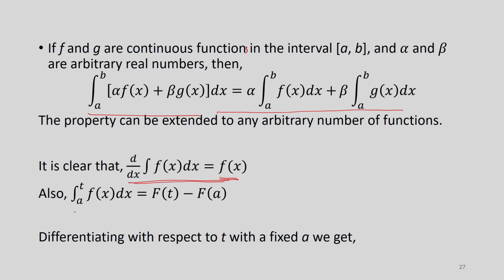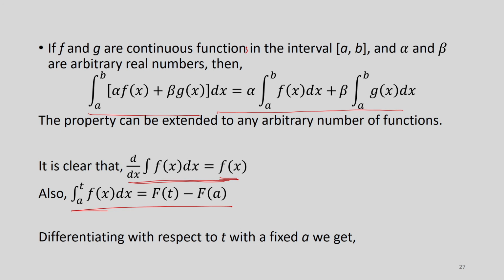Also, if I take the limit from a to t, where t is, let us suppose, a particular variable, then we get F(t) minus F(a), where F(a) is a constant. Now, I take this relationship and differentiate with respect to t, because, as I told you, t is a variable whereas a is a constant.